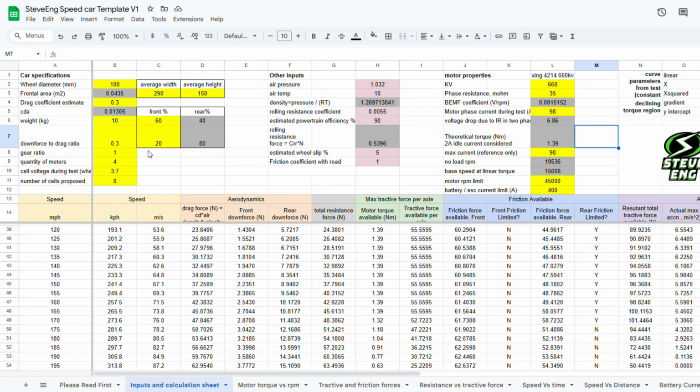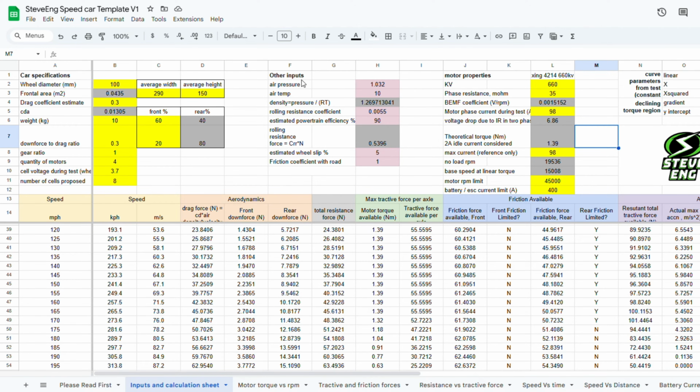and the rear wheels. You've then got other basics like the gear ratio, quantity of motors, and the number of cells you're planning to run the car on. It does assume that it's a 4-wheel vehicle for starters, and that all 4 wheels are the same diameter, and that the power goes to all 4 of those wheels.